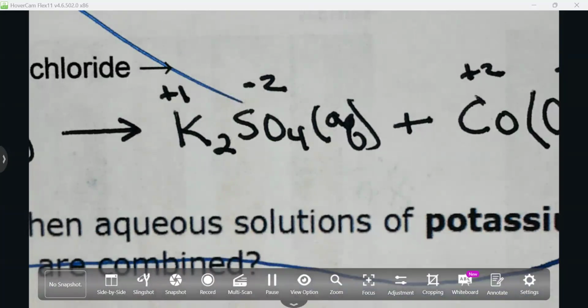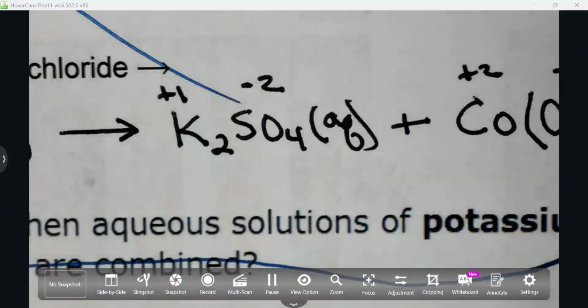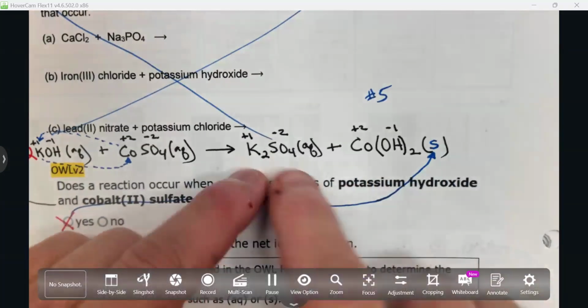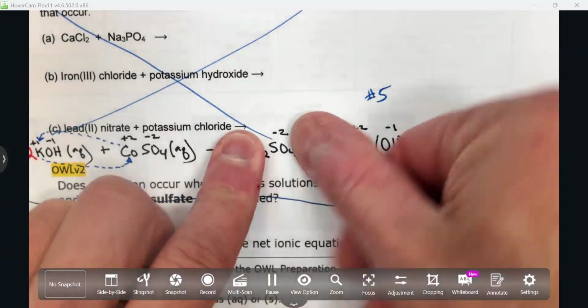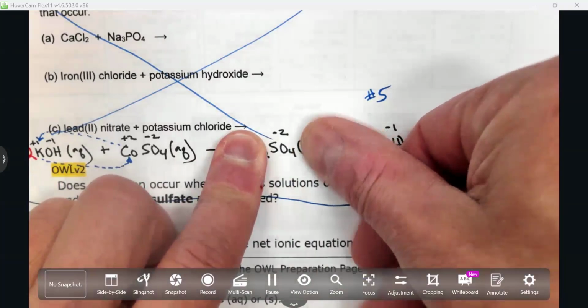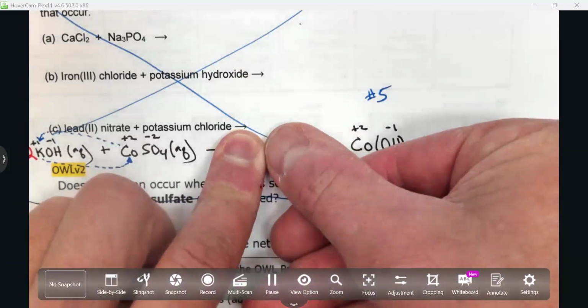What do we get for ions? Get 2 potassiums, right? 2 potassiums. There's no such thing as a K2 plus. Be the rock star in lab and make sure your lab partner does not write this out as K2 plus. There's no such thing. Make sure that this sulfur and oxide is not split up.